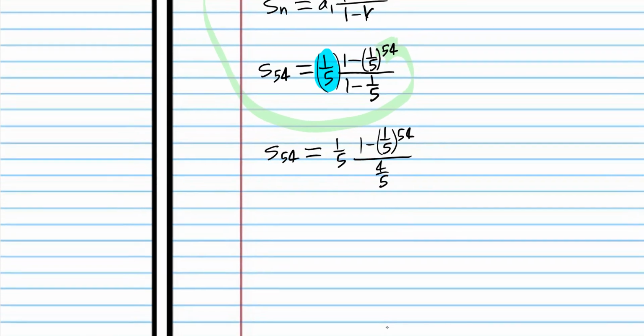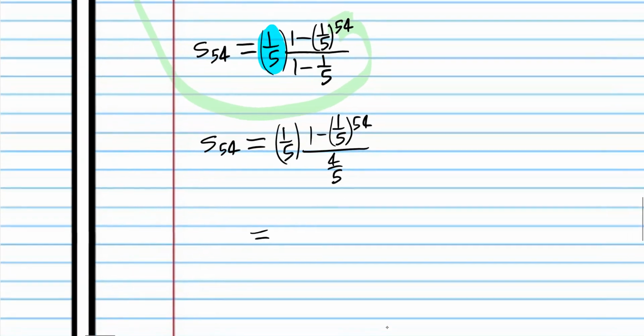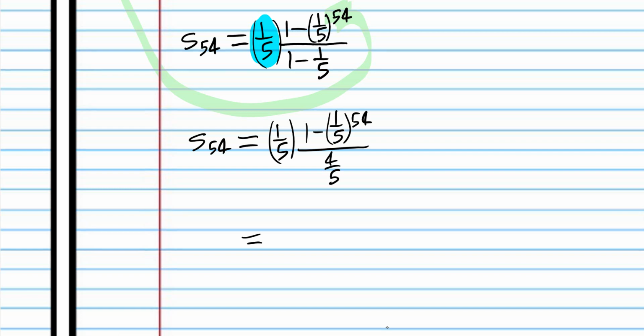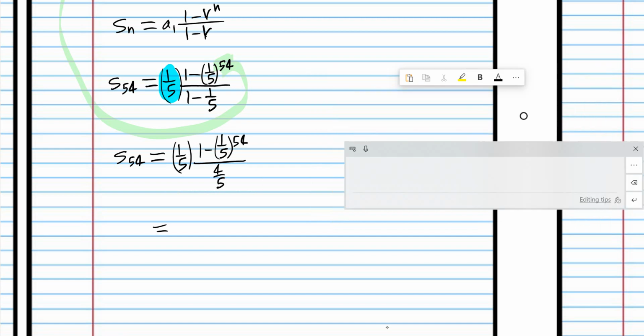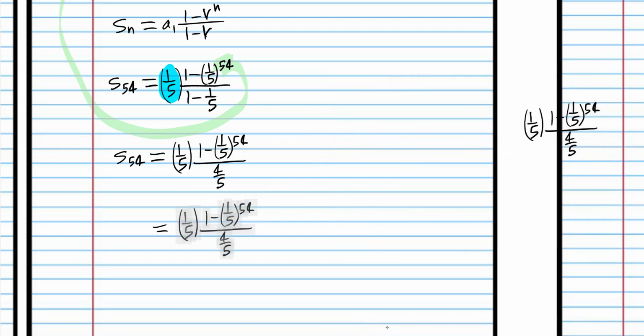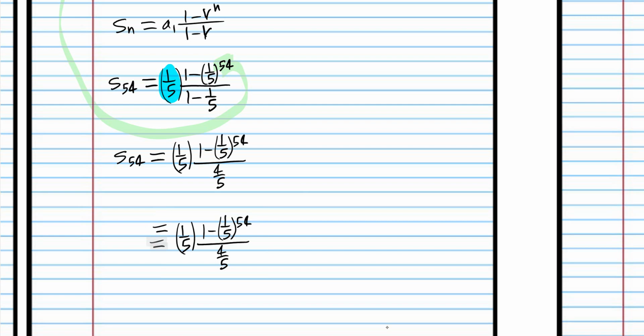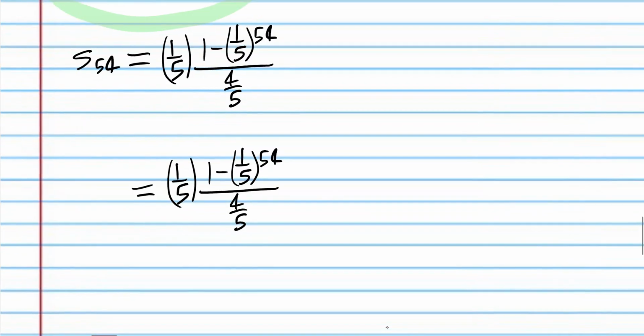And there's a lot of different ways that you could simplify this expression. I'm going to multiply both sides of the fraction by 5, because that's going to cancel out this 5 down here.